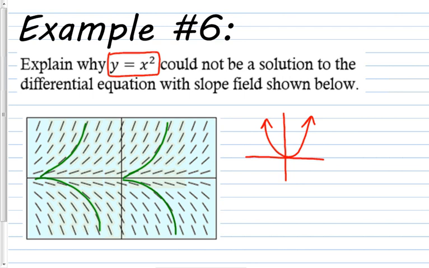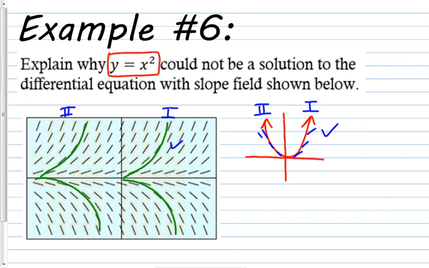For x squared, my slopes on the left are negative, and on the right, they're positive. So in the first quadrant, my slopes are positive. In the second quadrant, my slopes are negative. So if I look over here, in the first quadrant, my slopes are positive. So that checks out. But in the second quadrant, my slopes are positive. I needed them to be negative.